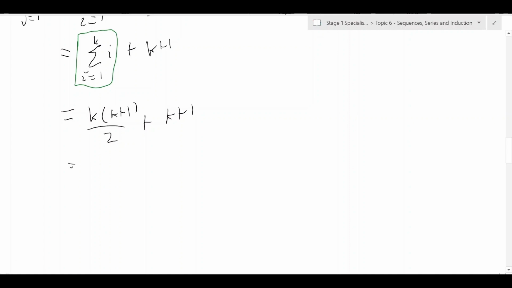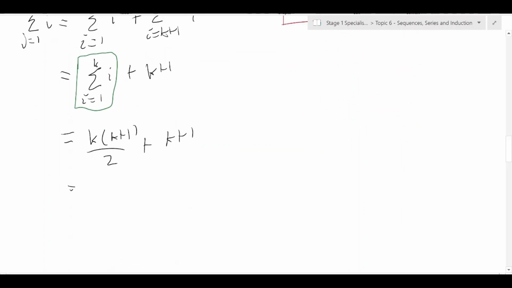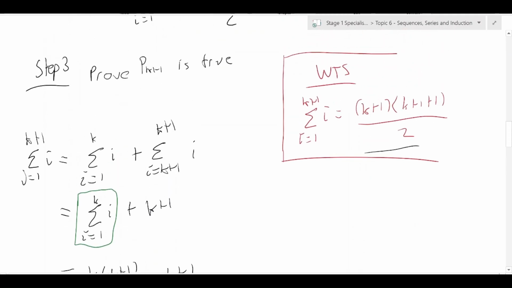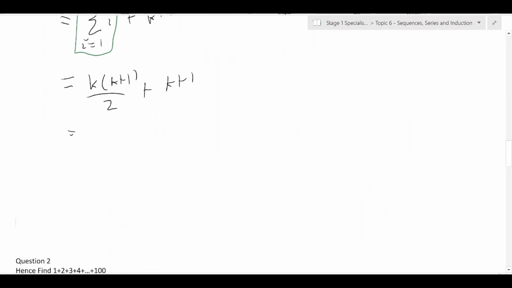So probably the easiest way is, we shouldn't expand the top because it looks like the top's factorized in what we want to show. So maybe if we cross multiply, I can take this thing here and times it by 2 over 2. So I get K(K plus 1) over 2 plus 2(K plus 1) over 2.